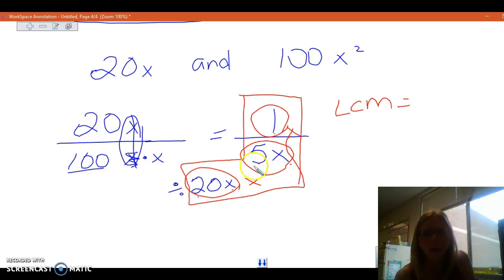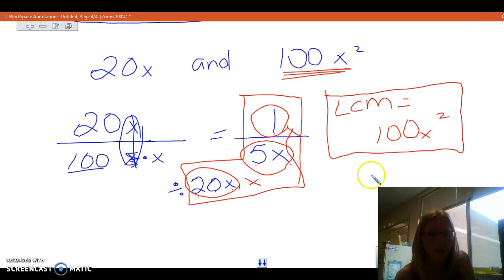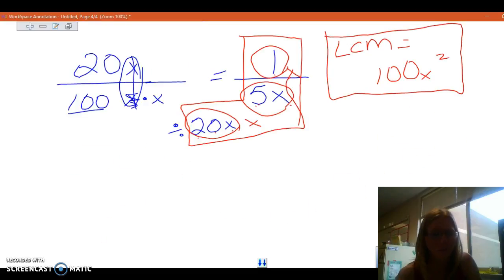Well, do the numbers first. 5 times 20 is 100. X times x is x squared. The least common multiple in this case is 100x squared. Notice it's equal to the largest of the two that we're given. That's okay as long as it is not smaller. Okay?